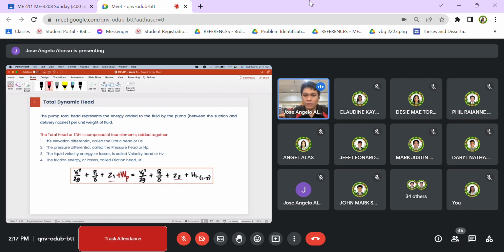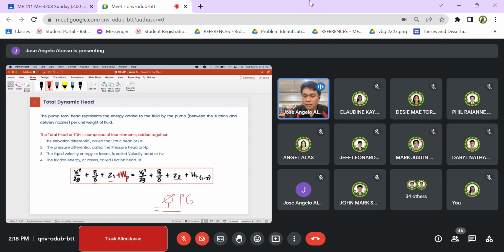The pressure differential is called the pressure head. So the difference in pressure in the discharge and in the suction. So we can see that we are connected to a pump. There will be pressure gauges before and after our pump. So this is a pressure gauge.